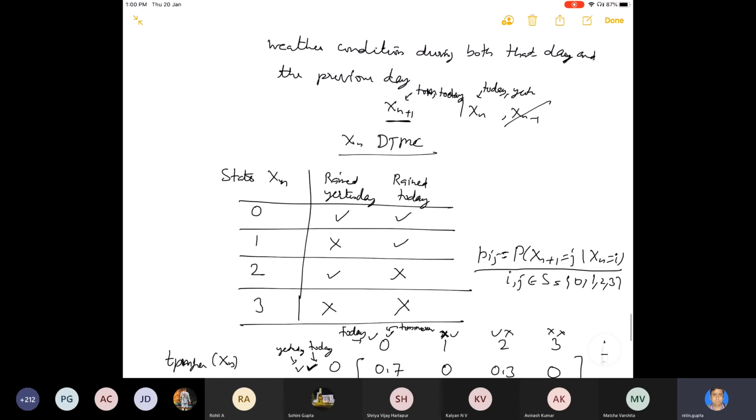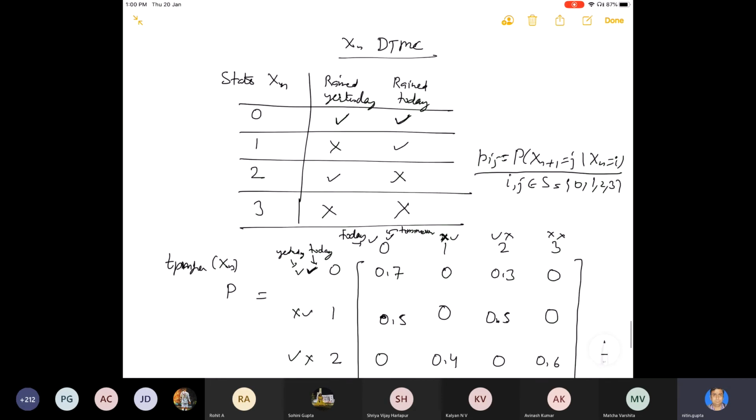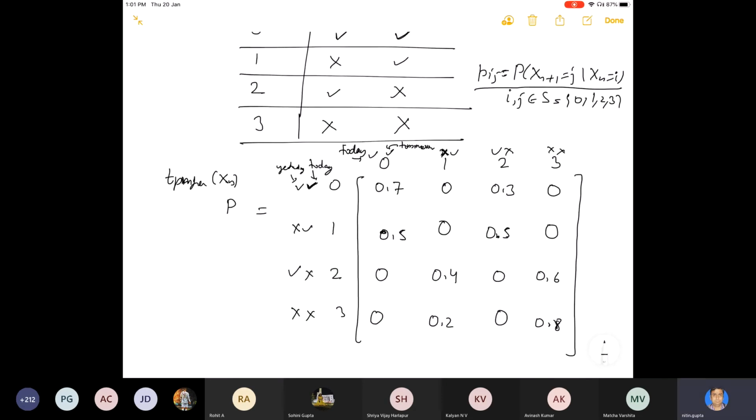The weather condition of today and yesterday: it may be raining on both days, rained yesterday and rained today, didn't rain yesterday and rained today, and so on.